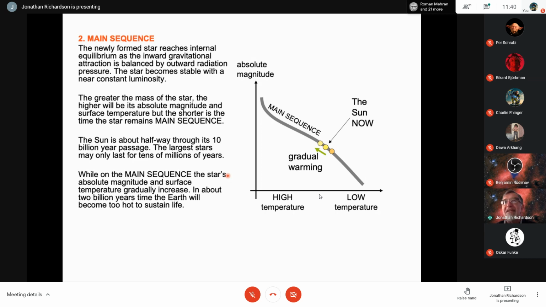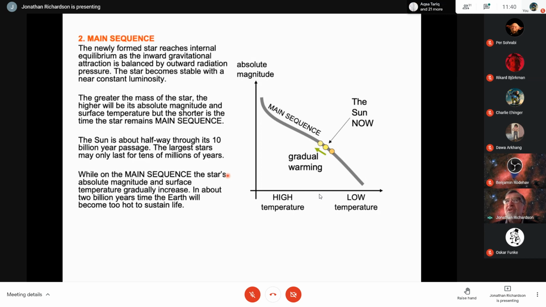Some would say it's even started doing that now, but we think that the effects that we're seeing are not from the sun, but from the Earth's inability to sustain the life as we have it.